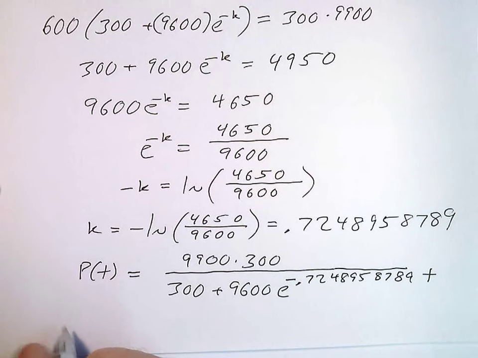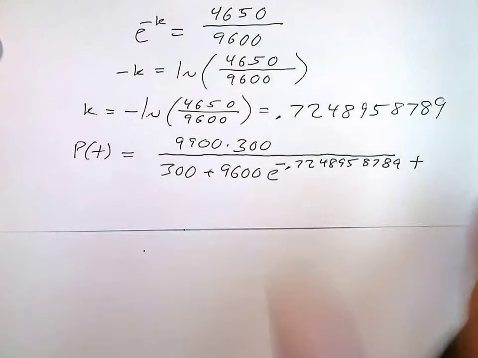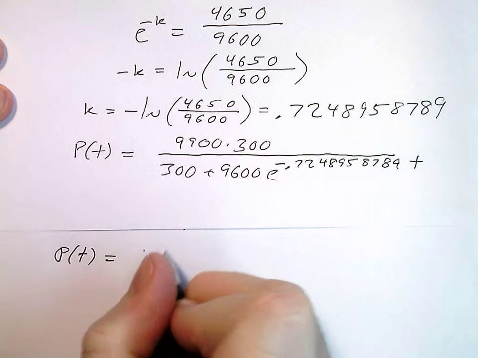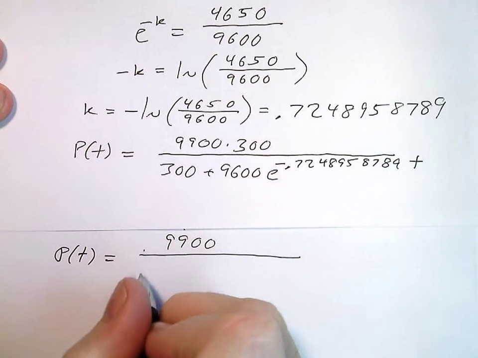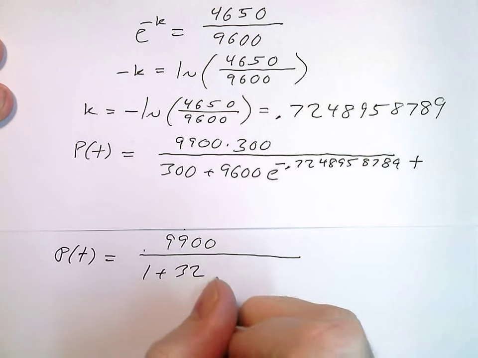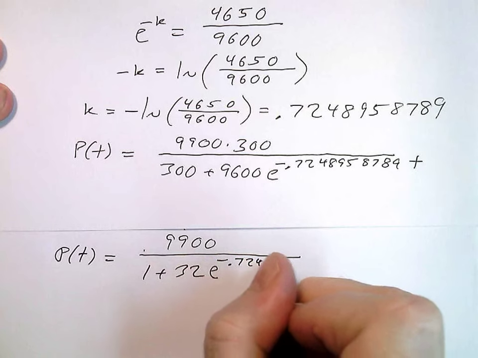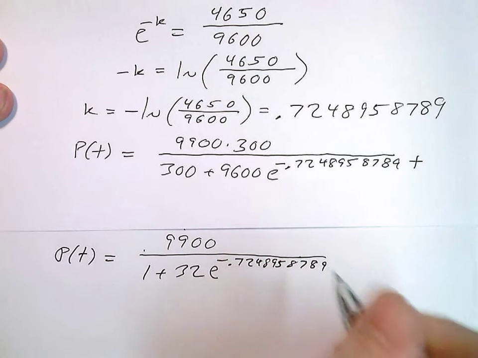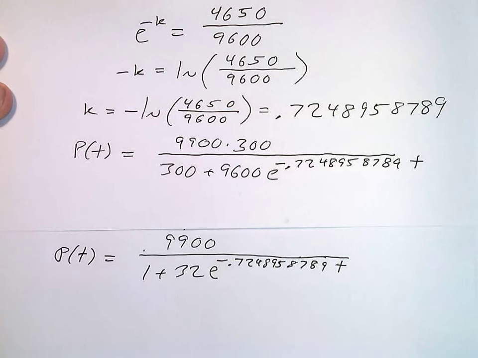So my P of t is going to be 9,900 over 1 plus 32 e to the minus 0.7248958789 times t.